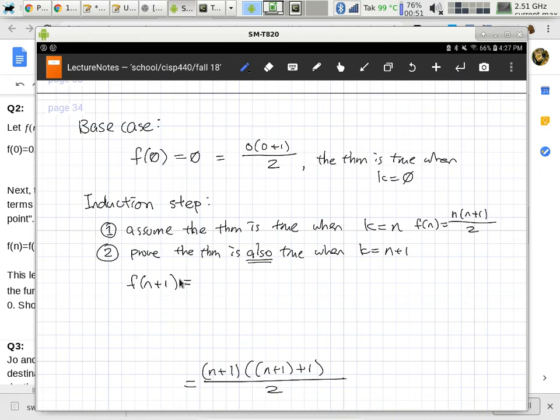But since f is recursive, that makes it really easy. Because if f is not recursive, it may not be an easy thing to re-express f of n plus 1 in terms of f of n. But since we already know that f is recursive, now we can just use the recursive definition and say, oh, okay, we know this.